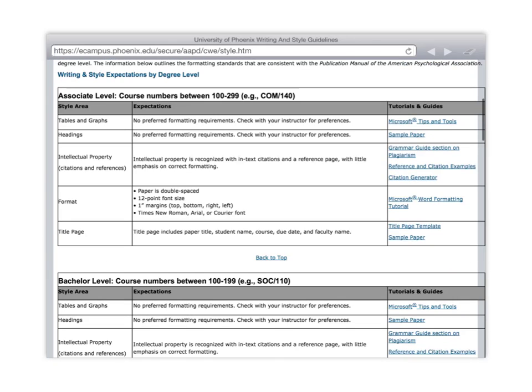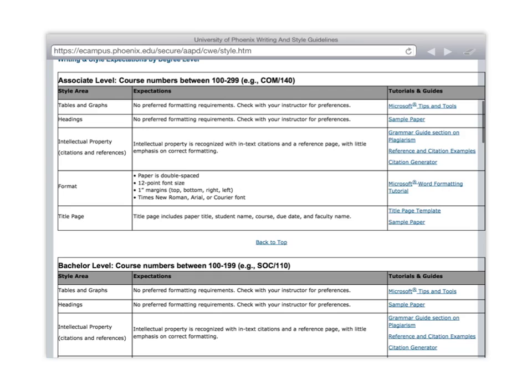So we see here, writing and style expectations by degree level. And then literally we have 100 to 299 for associates. This is the associate degree. Anything in the associate's program falls under this. So essentially, you don't have to format your tables and graphs with any preference. You don't have to format your headings with any preference.